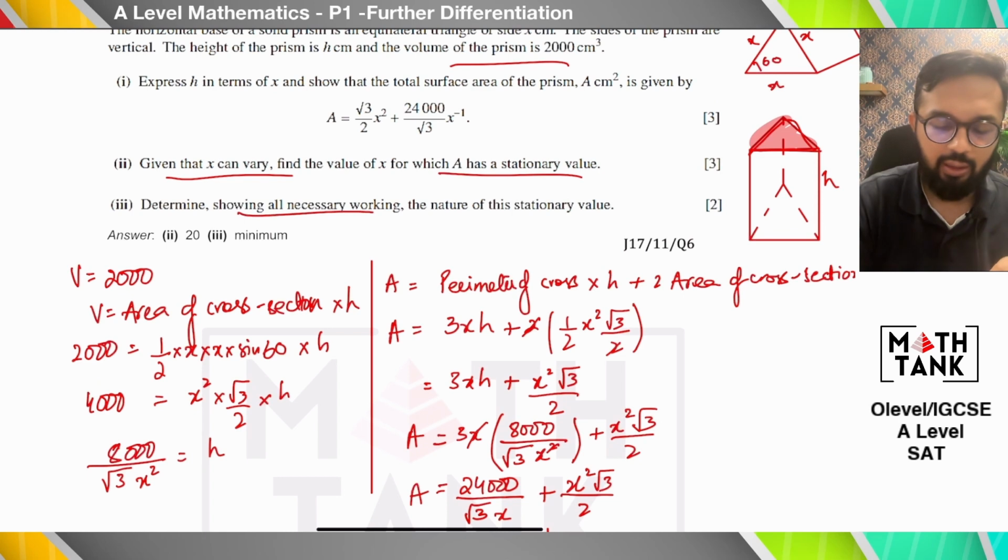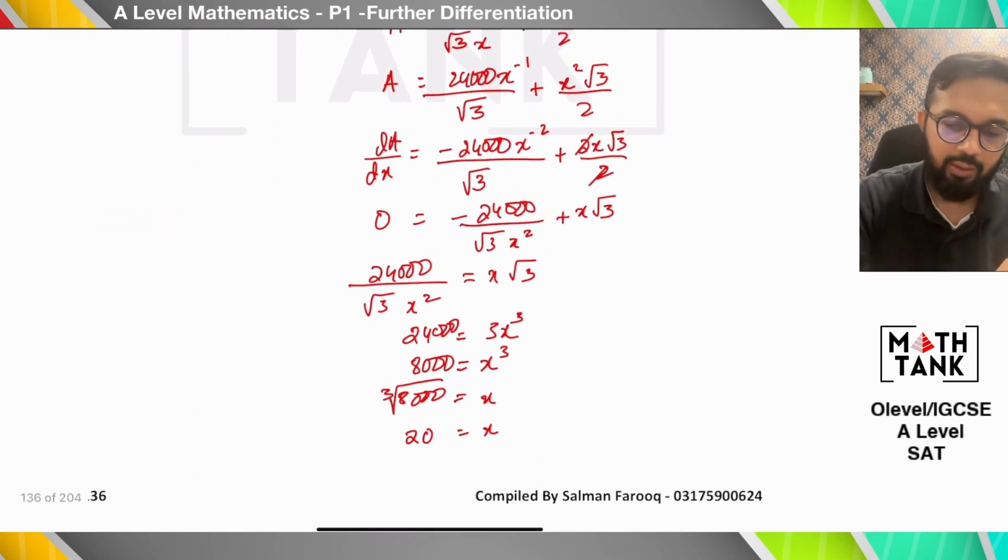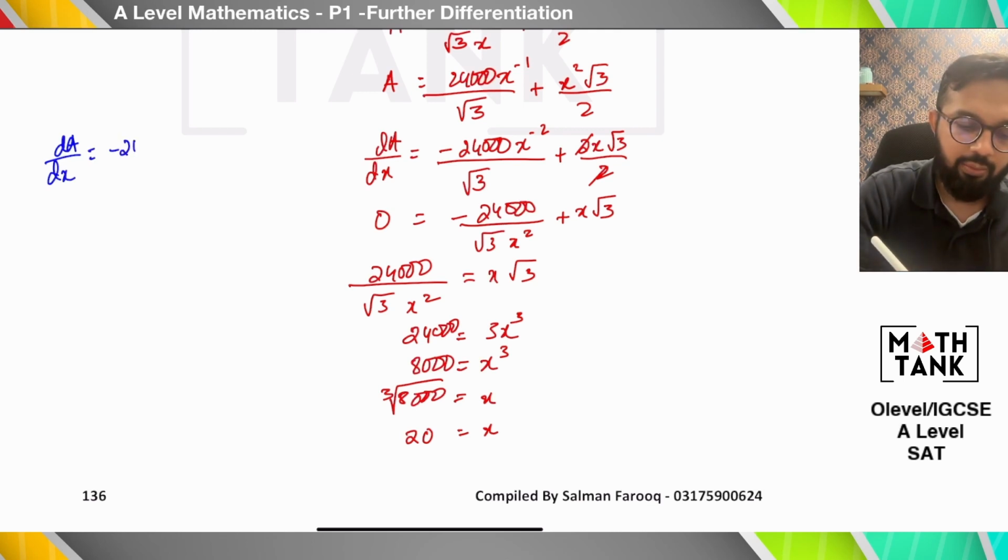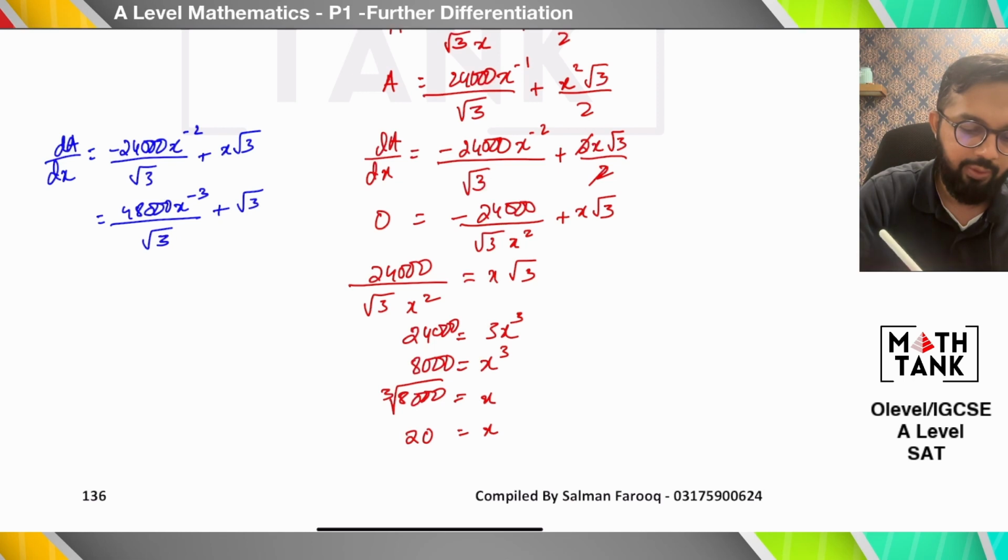Determining, showing all your work, the nature of the stationary values. I'm going to pick up dA by dx again and now start differentiating. So minus 24,000 x power minus 2 over root 3 plus x root 3. Differentiating this again gives me 48,000 x power minus 3 over root 3 plus root 3.